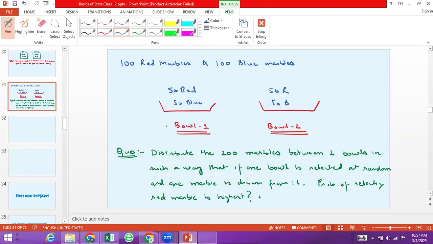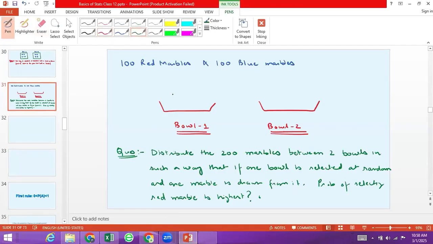Can we increase the probability? For example, in this scenario we are getting 50% probability. Can we increase it? Maybe we can put one red ball in bowl one and the remaining in bowl two. So we can combine all the blue marbles and the remaining red marbles in bowl two and keep one red marble in bowl one.